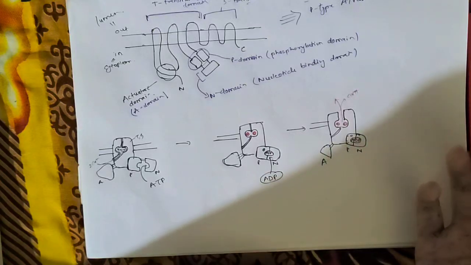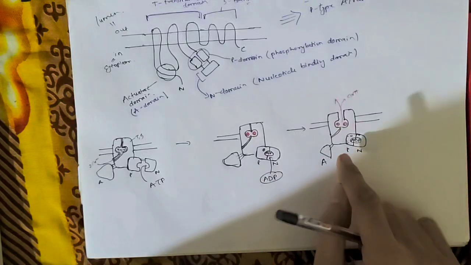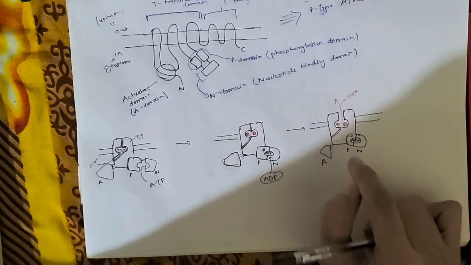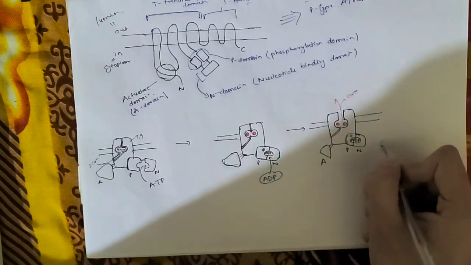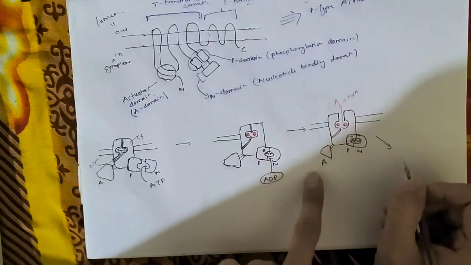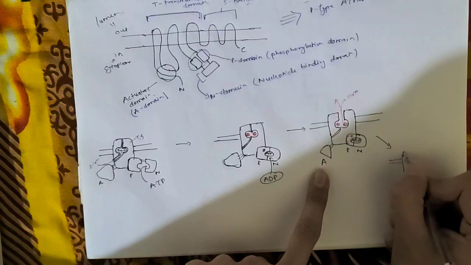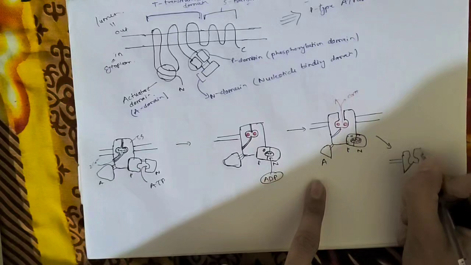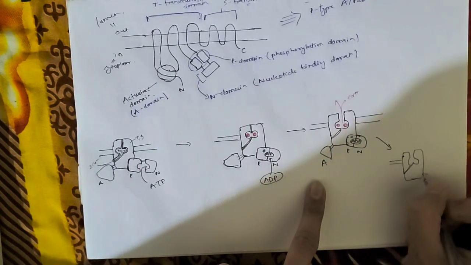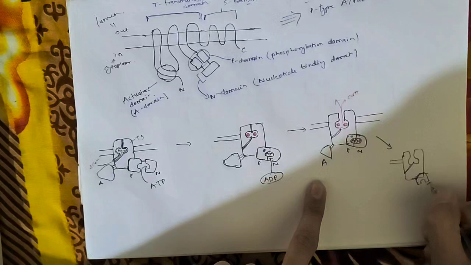Calcium are thrown out, but now the cell has another work to do, which is bringing this SERCA back to the original conformation. And it is not done directly, it is done with the help of A domain, which is the actuator domain. What happens is the actuator domain causes opening of N and P domain away from each other.